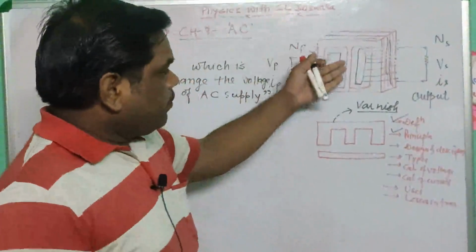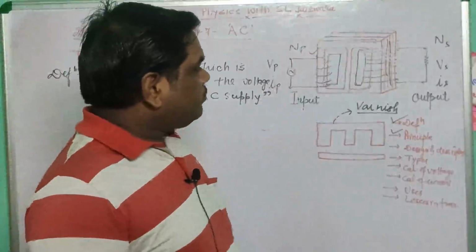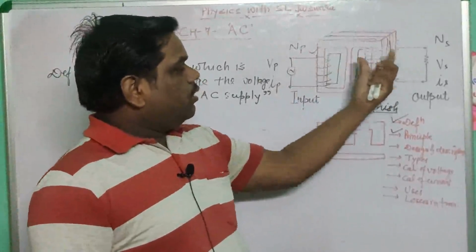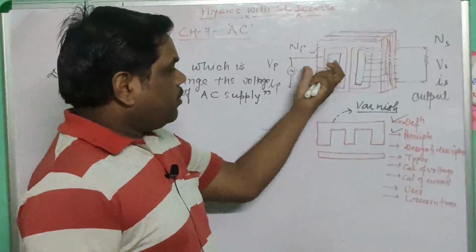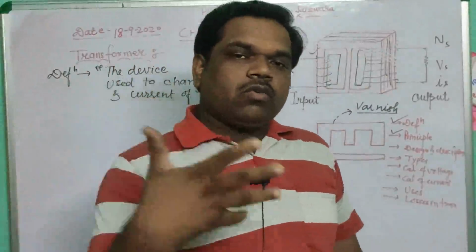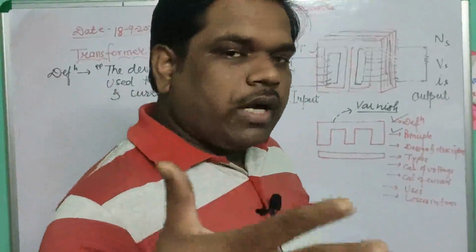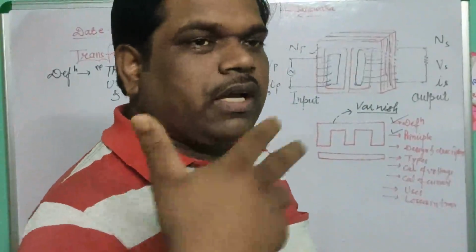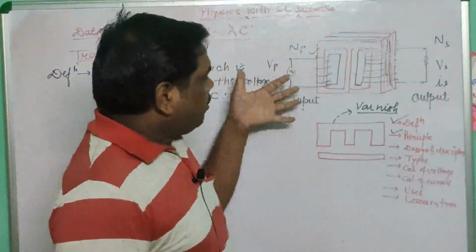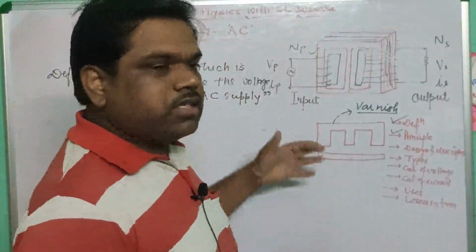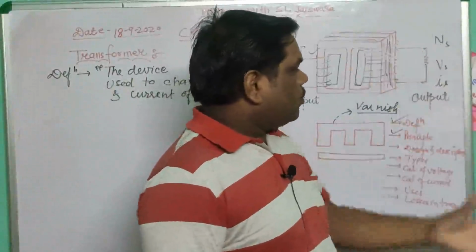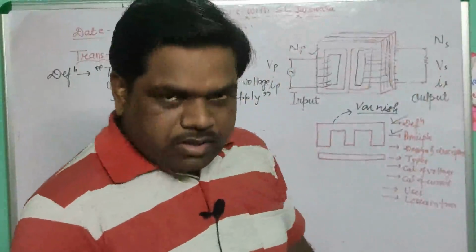This is the diagram of transformer, in which this is the primary coil, this is the secondary coil. There is no hard and fast rule that this one must always be the primary coil. The coil in which we supply the input AC is termed the primary coil, that is called input, and here it is the load, across this load we get the output, therefore this will be the secondary coil.